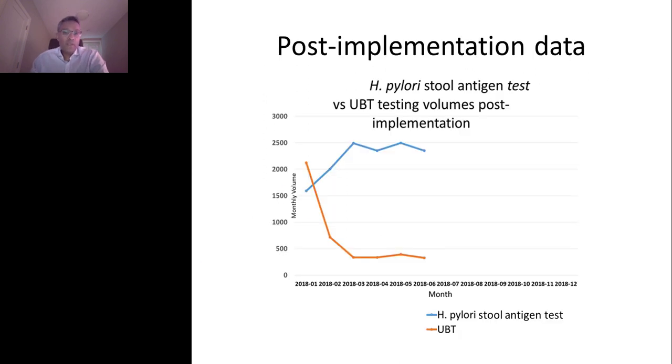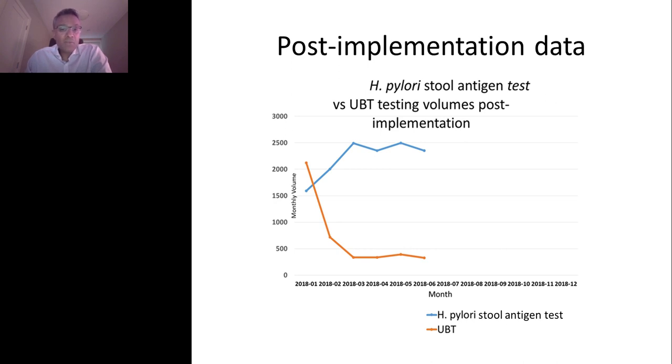So what actually happened? Here are some of the post-implementation data from our own region. You can see in the red line that the volumes of the urea breath test went down as we changed our forms to accommodate the stool antigen test, and the stool antigen test volumes increased from a baseline of less than 100 up to now a steady state of close to 2,500 tests per month.